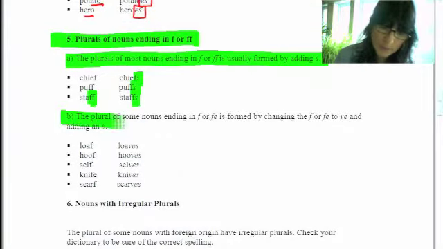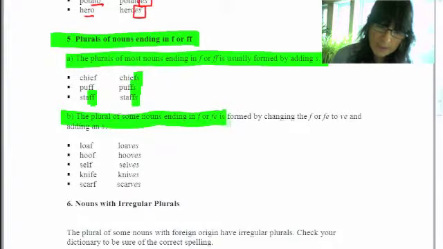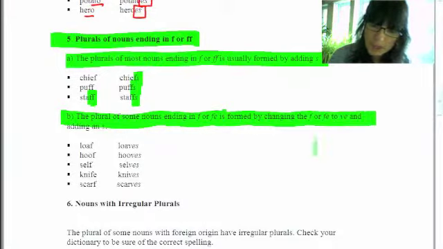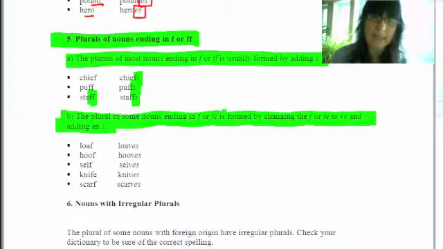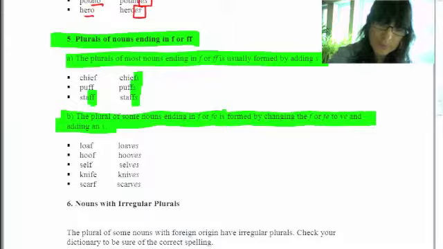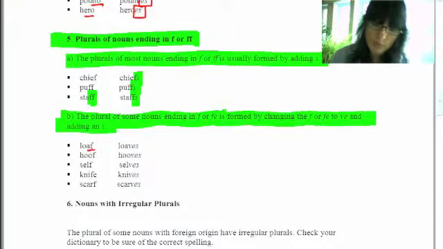But let's move along. The plural of some nouns which end in F or FE will be formed by changing the F or the FE to VE and adding an S. Again, please look at the examples that'll make it clear. You've got the word loaf, like he bought a loaf of bread.